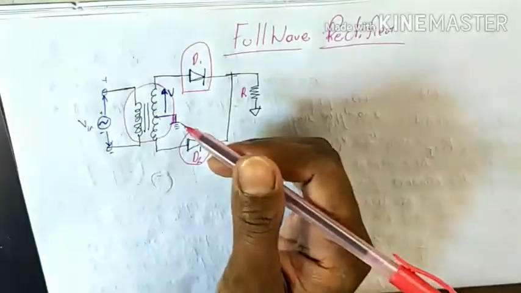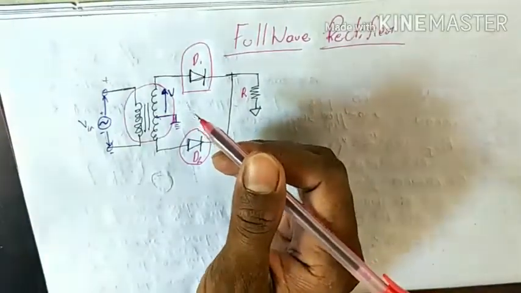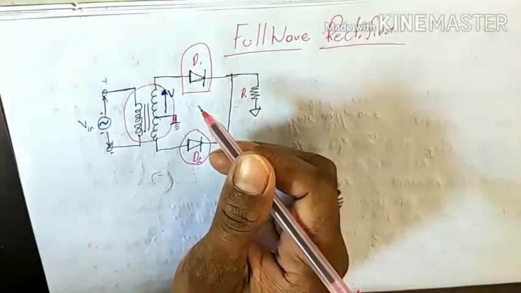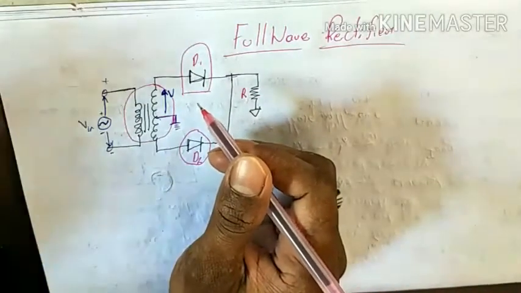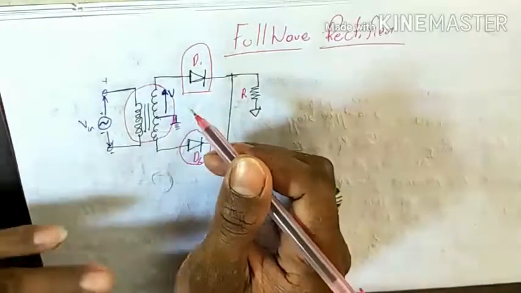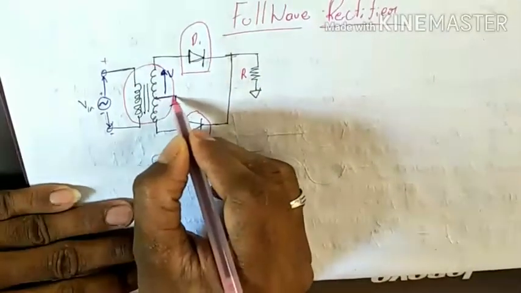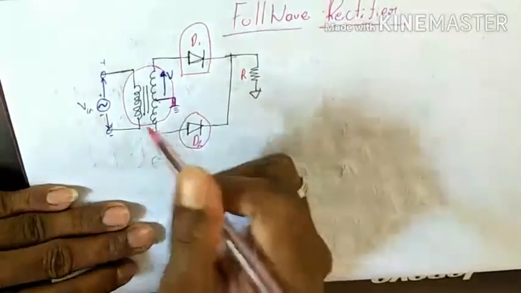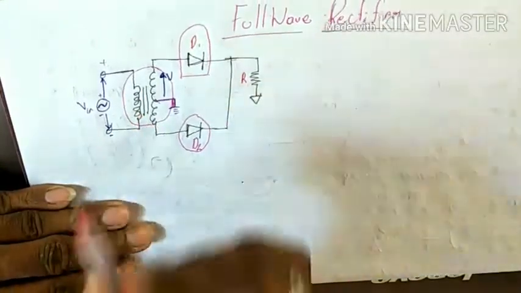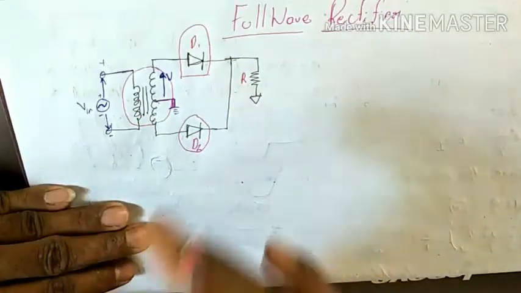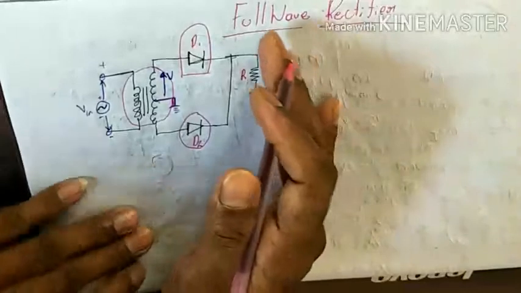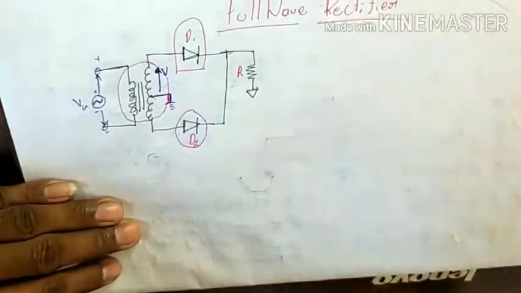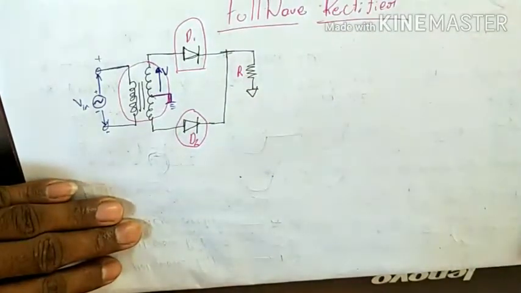The center tapped transformer supplies current in both half cycles of the input voltage. Now we will see how it works.